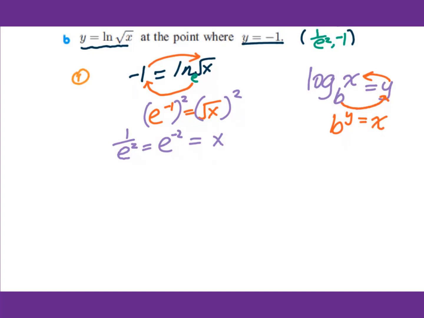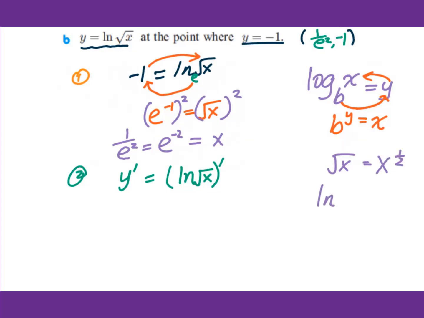Your second step, we have to work on the derivative. So y prime equals the derivative of natural log of square root of x. For square root of x, we know that it's x to the 1/2 power. So we get natural log of x to the 1/2 power.